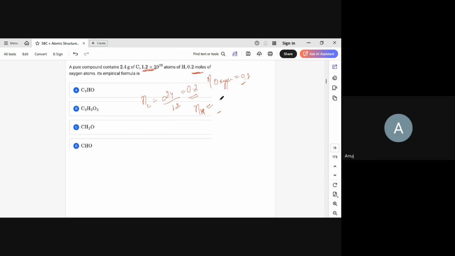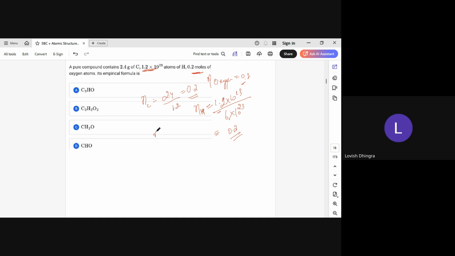Denominator. Yes. So 1.2 into 10 to the power 23 divided by 6 into 10 to the power 23. In general it is 6.02 into 10 to the power 23, but for calculation, if we have to do the approximation, you can take 6 into 10 to the power 23, right? So here I will be taking that, and the answer will be 0.2.